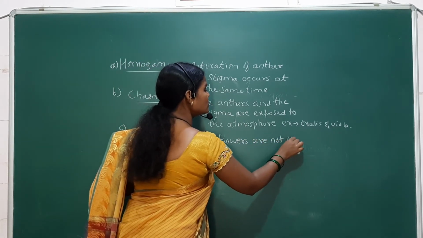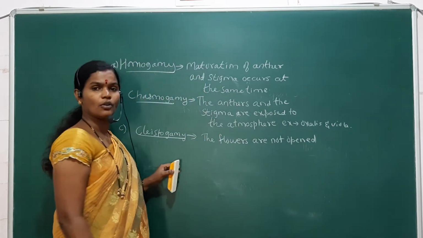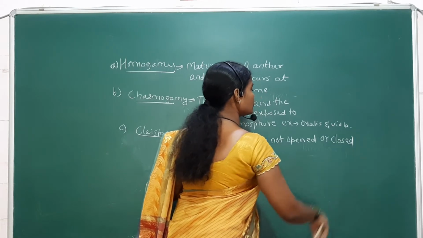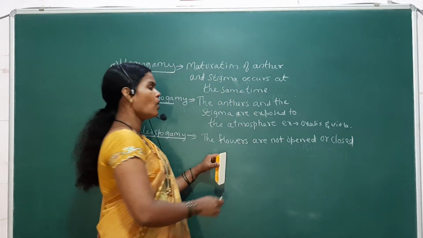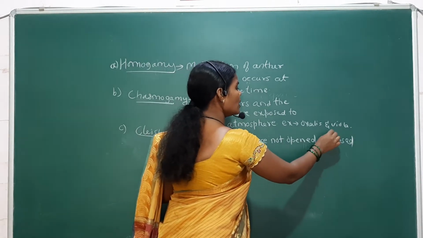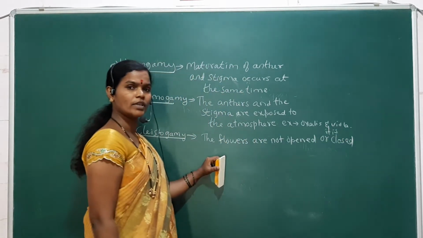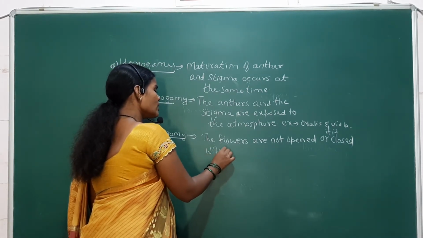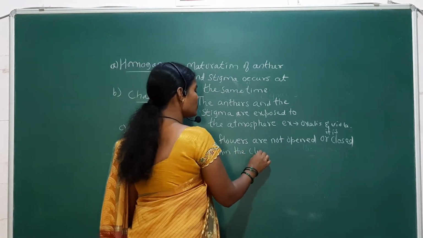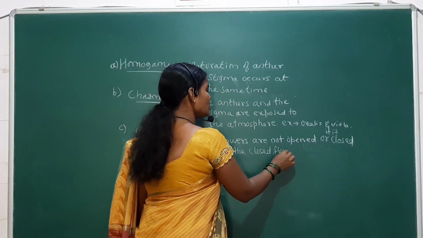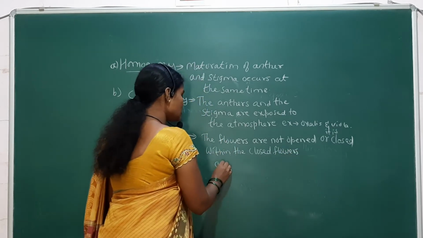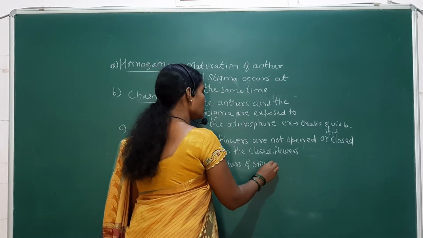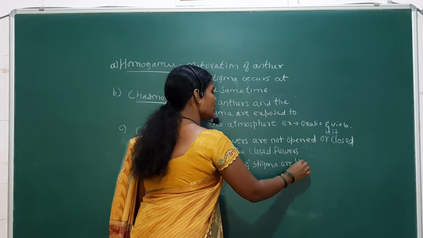The flowers are not opened, or we can say they are closed. Within the closed flower only, we are going to see the maturation. Within the closed flowers, anthers and stigma are present very closely.